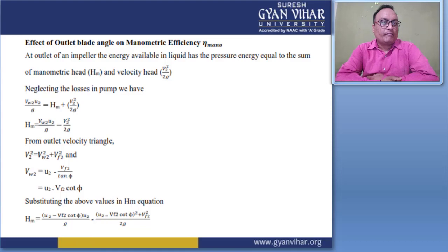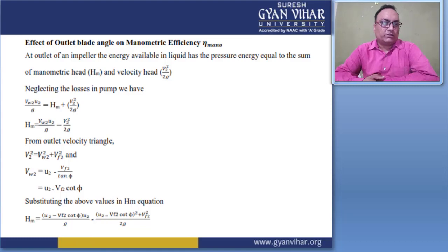We have Vw2 U2 divided by g equal to Hm plus V2 square by 2g, and this gives Hm equal to Vw2 U2 divided by g minus V2 square by 2g.